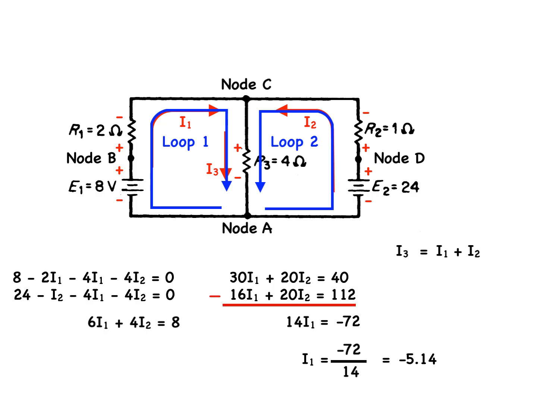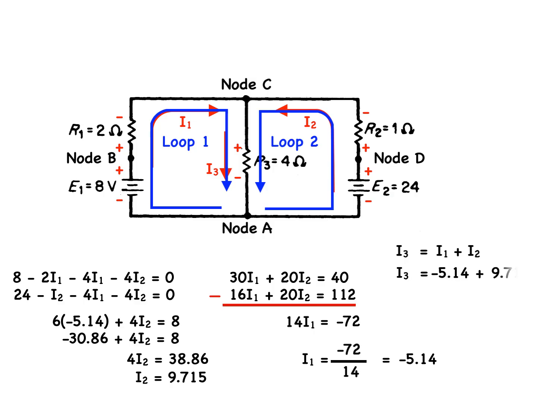and plug in our value for I1, which allows us to easily solve for I2, which is 9.715. We can now find I3 by plugging in the values that we have just solved for I1 and I2: 4.575.